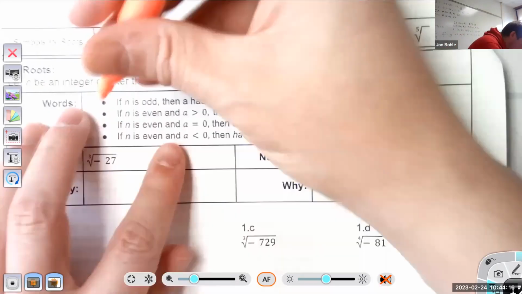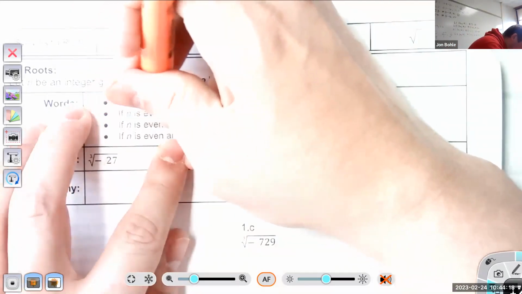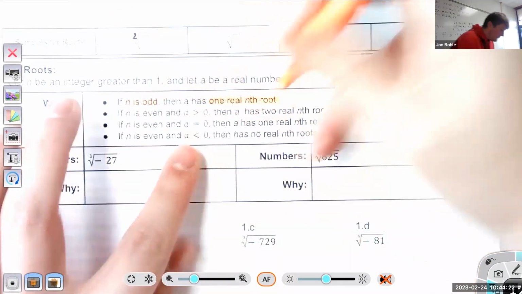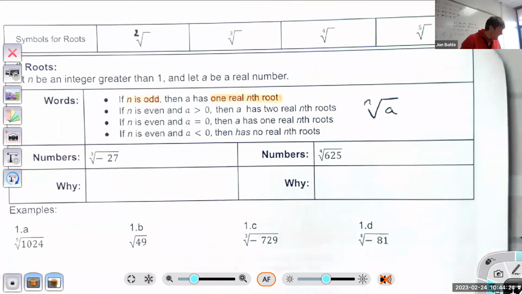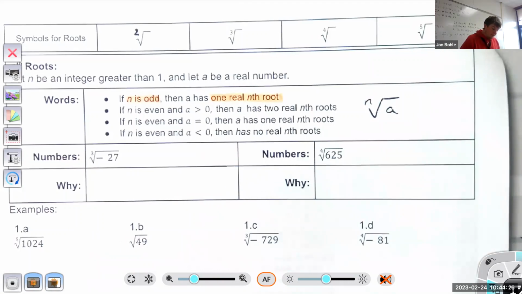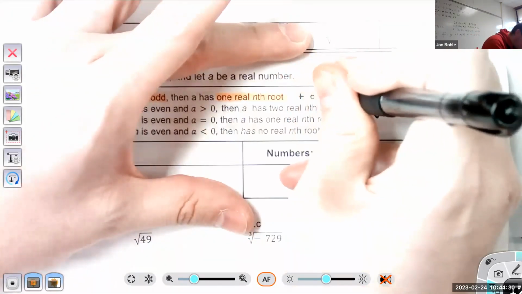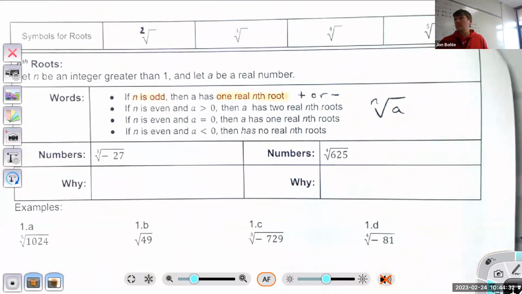So if n is odd, it has one real nth root. If n is odd, it has one real nth root. And that is going to be plus or minus. It's either going to be a positive number or a negative number.